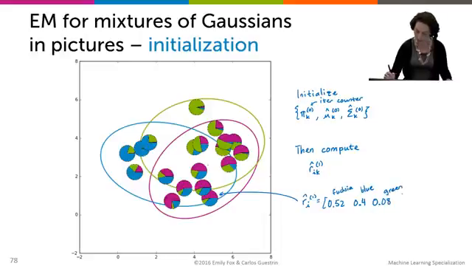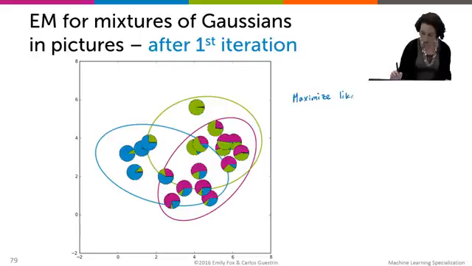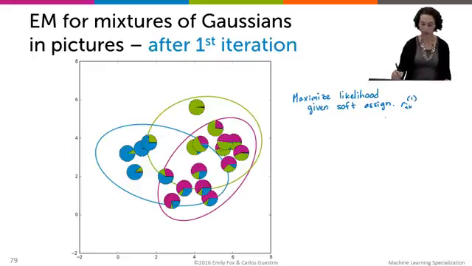the green cluster. And then, having computed these responsibilities for each of our data points, we go and we re-estimate our cluster parameters. So we're going to maximize the likelihood given our soft assignments, our r_ik at the first iteration.